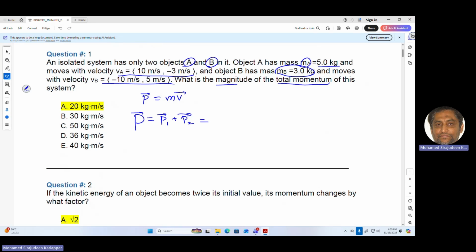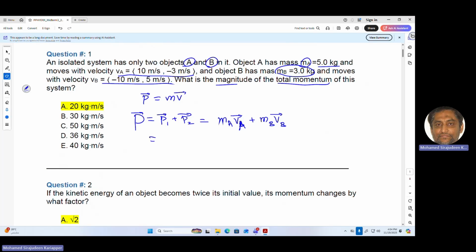P is, by definition, mass of A multiplied by velocity of A, plus mass of B times velocity of B. It's just a matter of substitution, but VA is a vector and VB is also a two-dimensional vector. So we cannot just be happy with plus and minus. We need to bring in the x component and the y component.